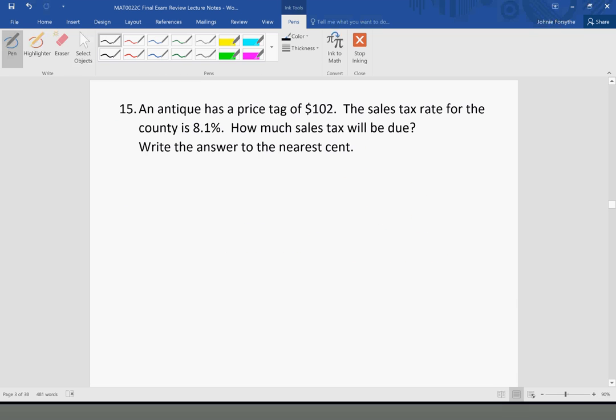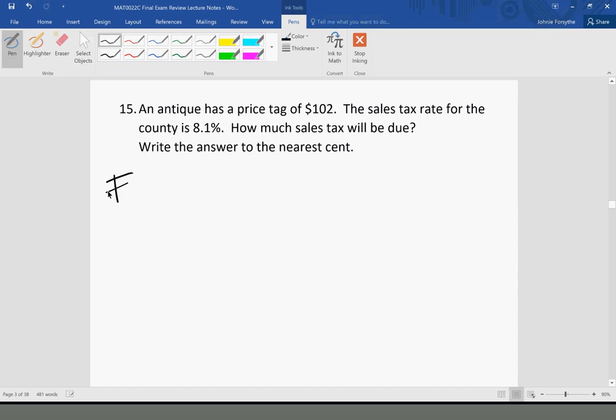All right, 15. An antique has a price tag of $102. The sales tax rate for the county is 8.1%. How much sales tax will be due? Write the answer to the nearest cent.